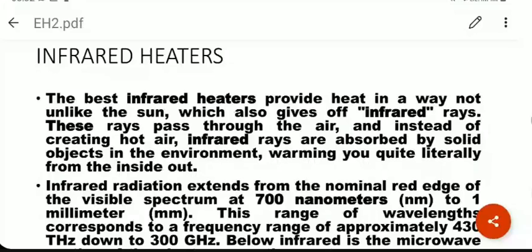This is not I square R type of heating. Here the material fully absorbs. Our bodies also absorb infrared and then keep it there for a long time. Even if sun disappears, we will still feel hot enough for some time because of the absorption that has happened in our bodies.